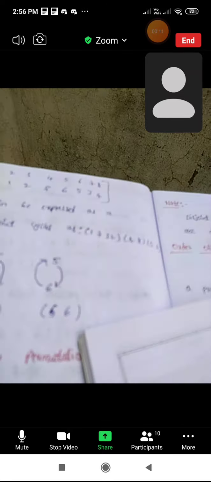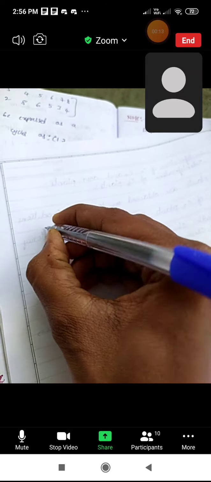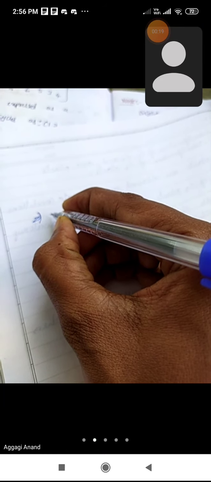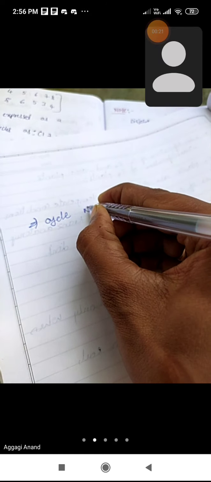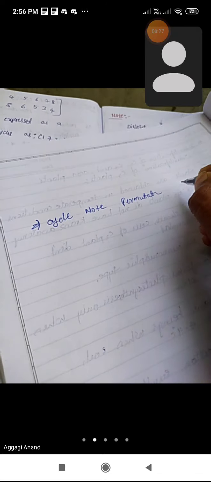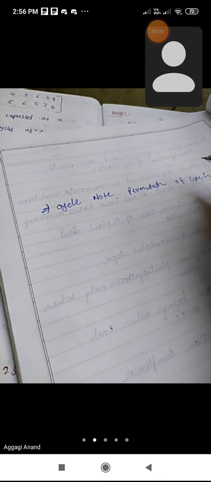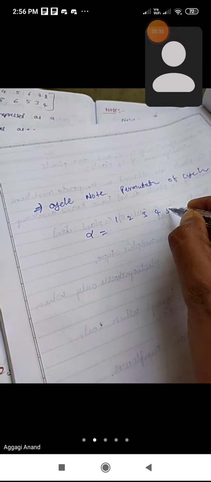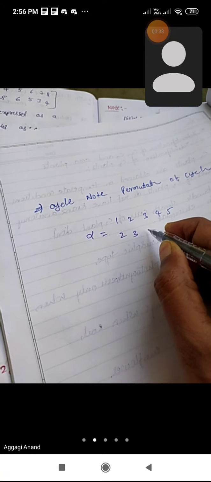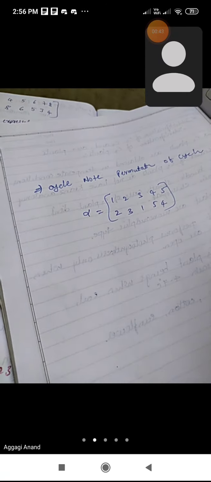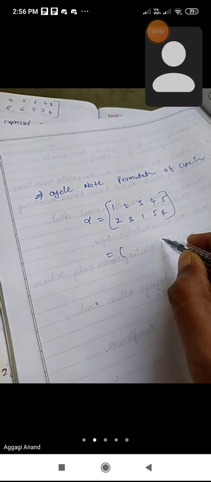In previous classes we have discussed what we discussed in yesterday's class: cyclic notation, permutations of cyclics. Given any permutation, 1, 2, 3, 4, 5 mapping to 2, 3, 1, 5, 4, how to denote cyclic notation?